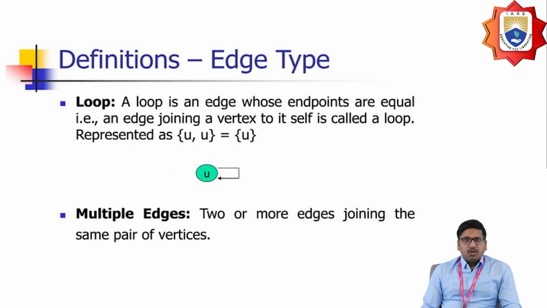And the next one is the loop. A loop is an edge where the endpoints are equal, that is, an edge joining a vertex to itself, represented as (u, u). Whenever I take a vertex, the edge goes from the same vertex back to the same vertex. This self-joining edge is called a loop.